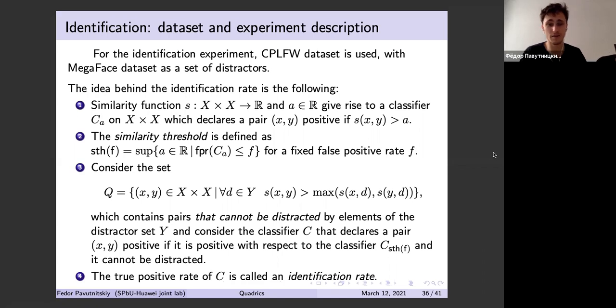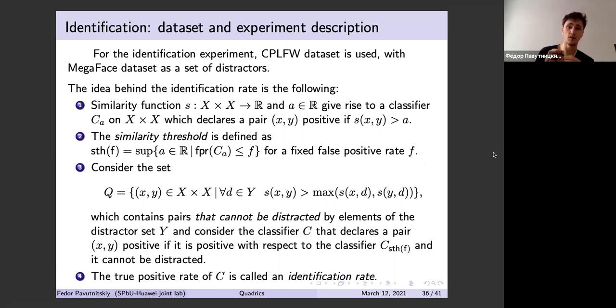Basically, you want to build a classifier on top of pairs of embeddings. So you use just cosine similarity and a classifier based on this. If two of your embeddings are close in terms of this angular distance, in terms of cosine similarity with some threshold, then you declare them positive.